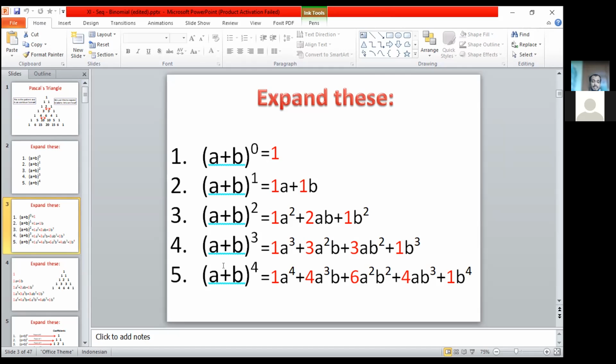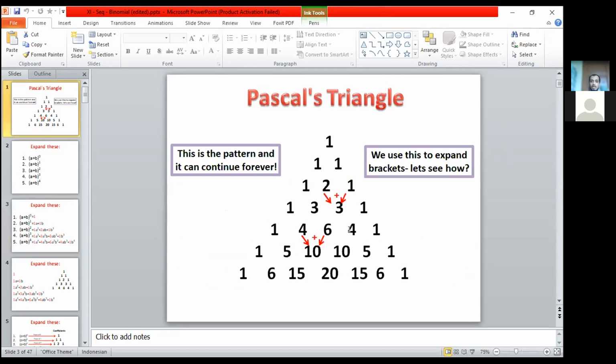And the pattern continues. So for a plus b to the power of 4, the coefficient is 1, 4, 6, 4, 1, the same as the fourth row of a Pascal triangle, right?